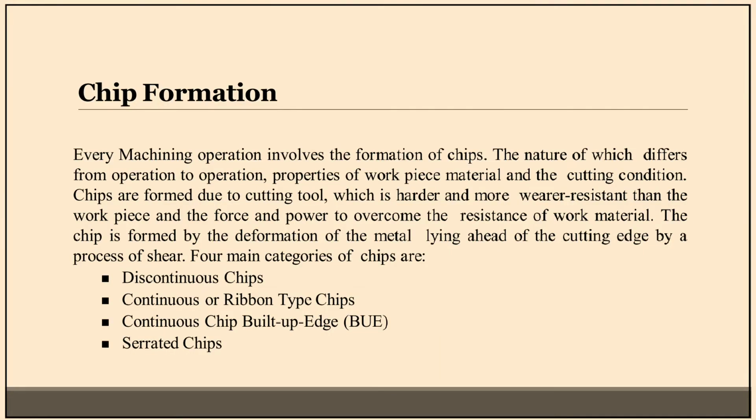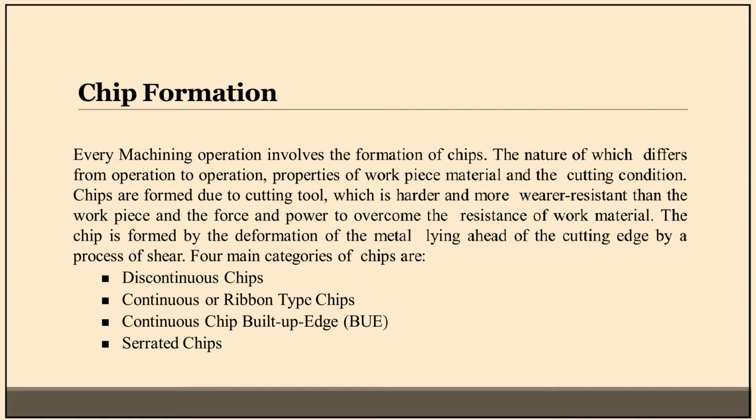Chip formation. Every machining operation involves the formation of chips, the nature of which differs from operation to operation, properties of workpiece material, and the cutting condition. Chips are formed due to cutting tool, which is harder and more wear resistant than the workpiece, and the force and power to overcome the resistance of work material.